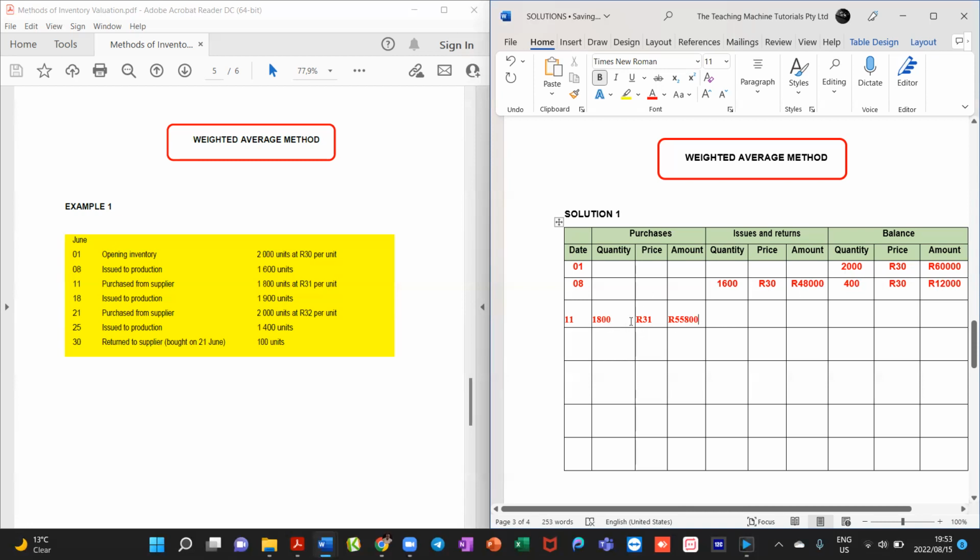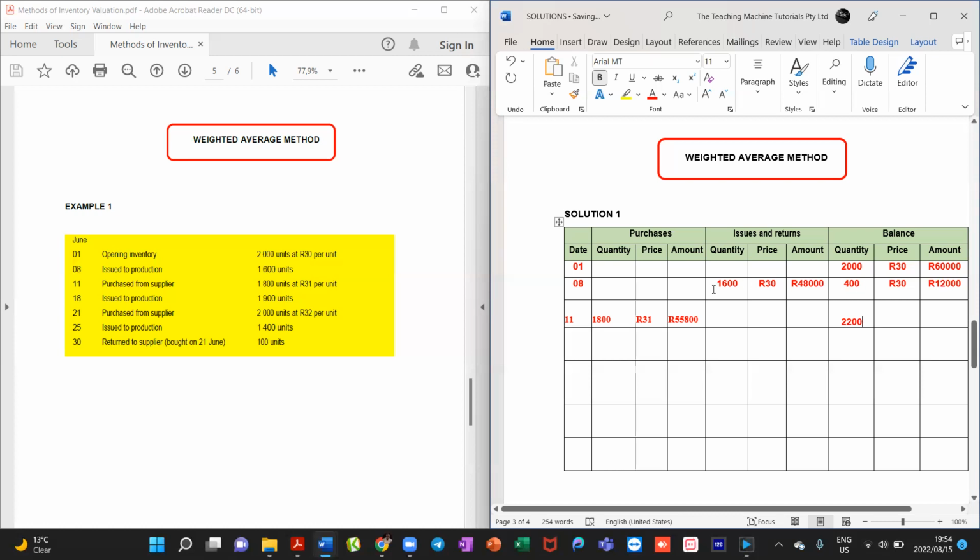How much is 400 plus 1.8? I think it's 2.2. And then that's your first step.